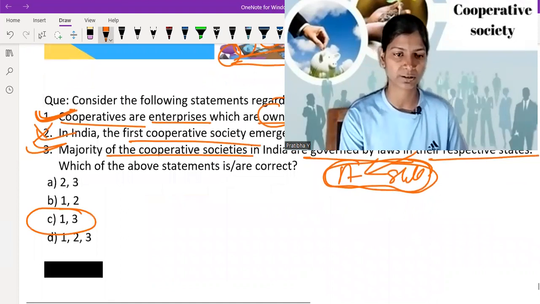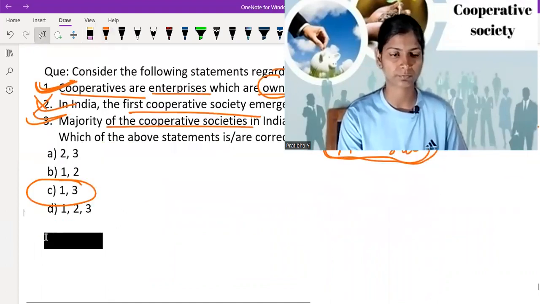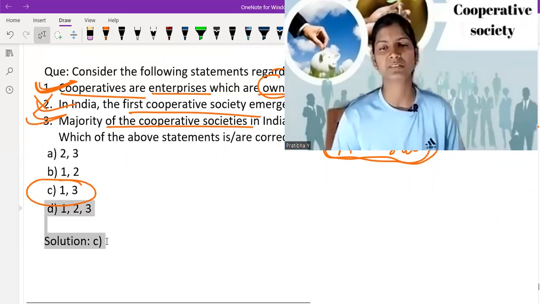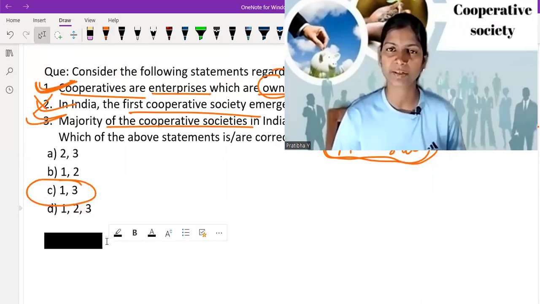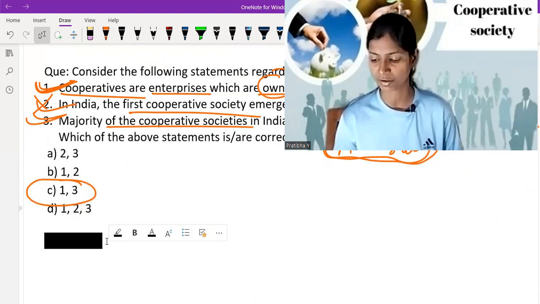Let's check if we are on the right path. Yes, option C is correct, so we are on the right path. I hope you enjoyed this video and gained some perspective and knowledge out of it.